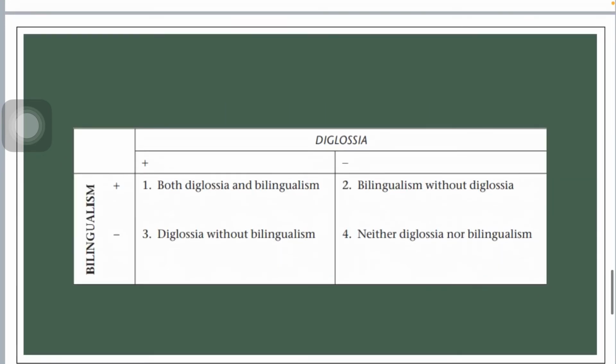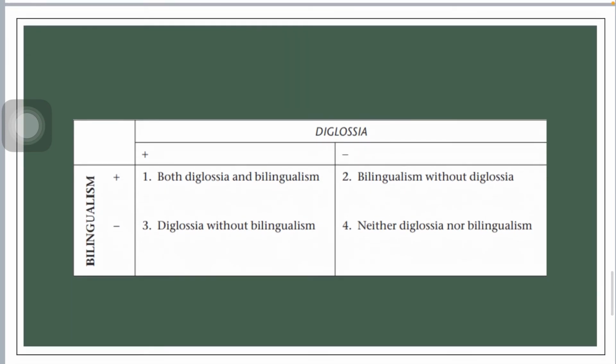You can see this in this table. This table is one way of considering the range of potential relationships between diglossia and bilingualism. It is an idealized model, but it usefully identifies the extreme positions that are possible.